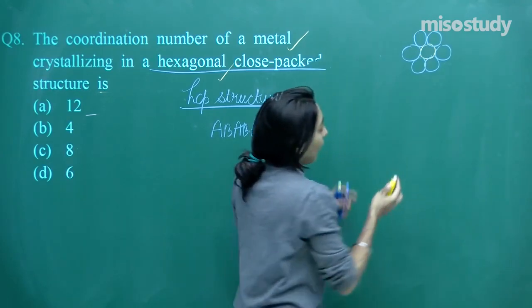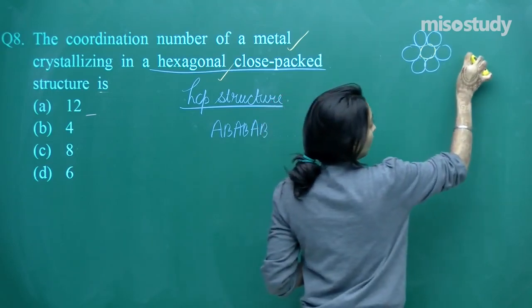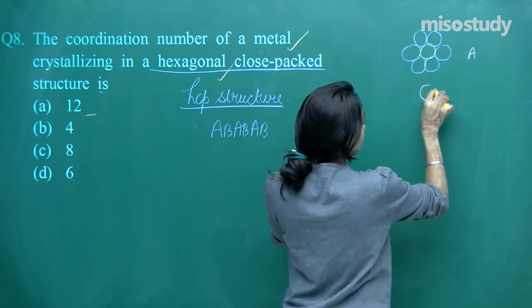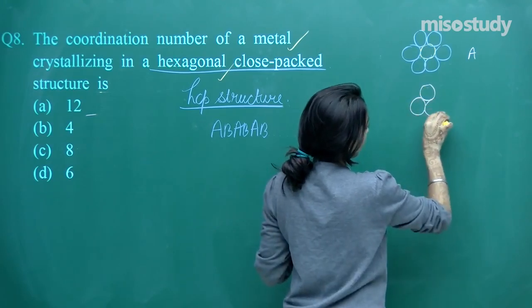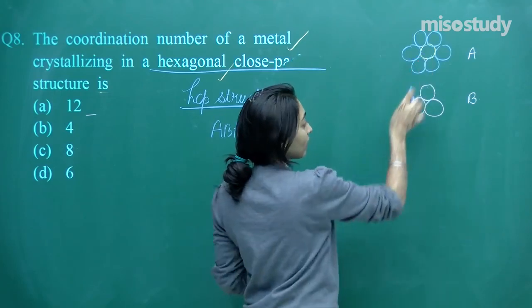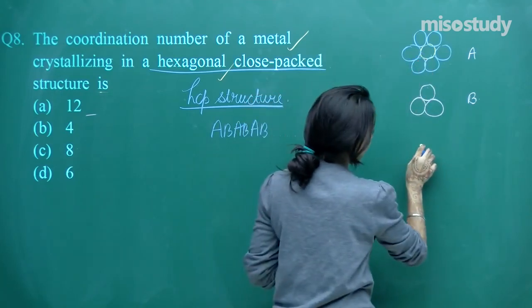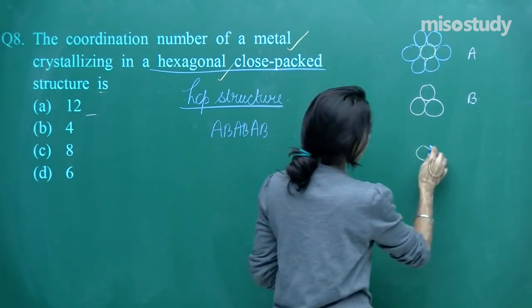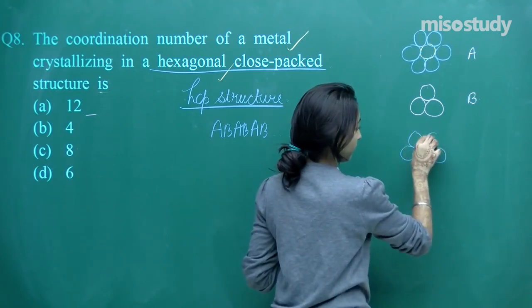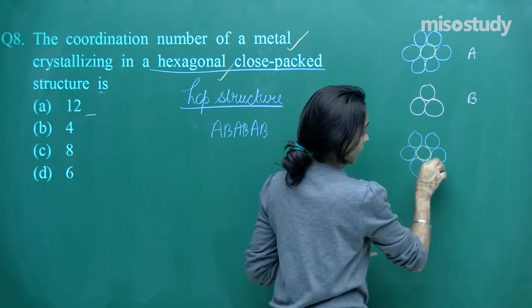Then at the bottom end, this is structure number A. Then in the second layer, we'll say that is structure number B. Then again we have the same structure layer as structure number A. How to draw this? So consider one atom here, one here. Right?